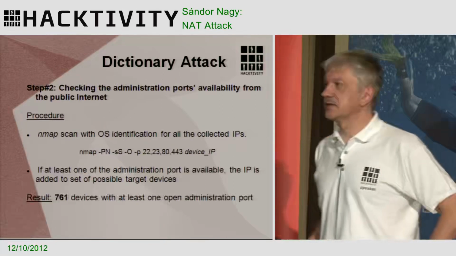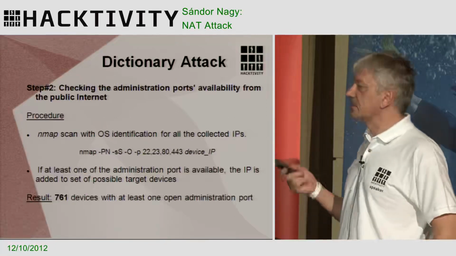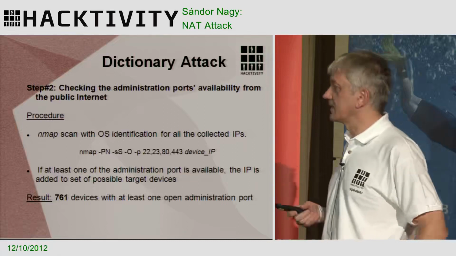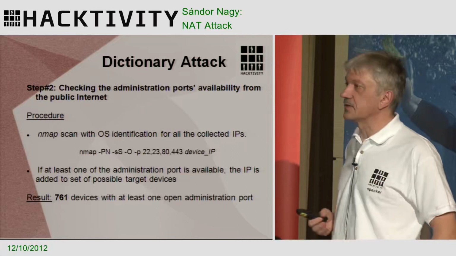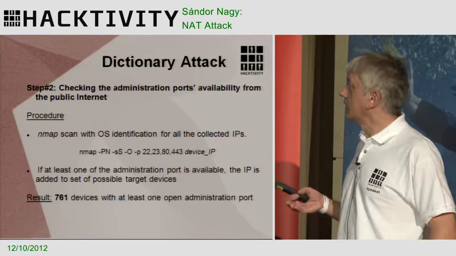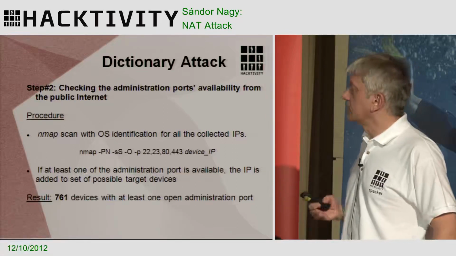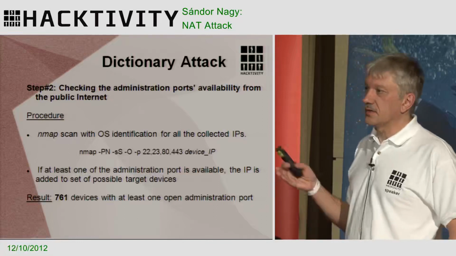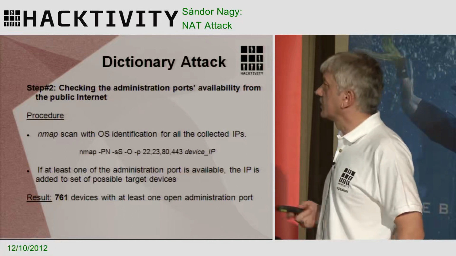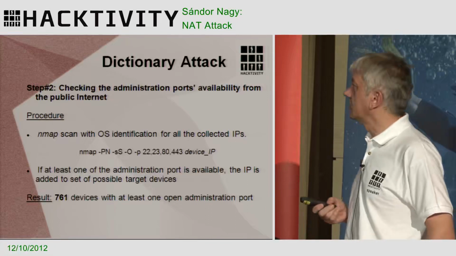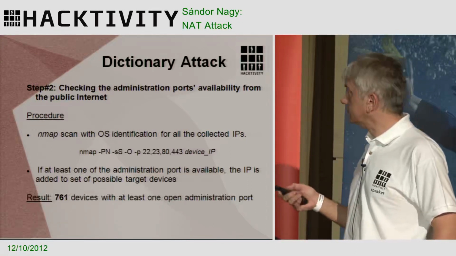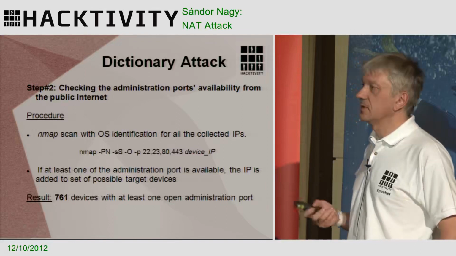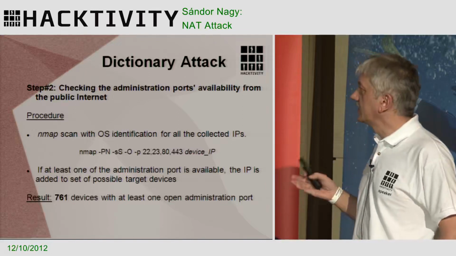The next step is to identify whether these devices are publicly accessible, whether they can be accessed over HTTP, Telnet, and so on. A really simple tool can do this: Nmap, with just the well-known ports specified.